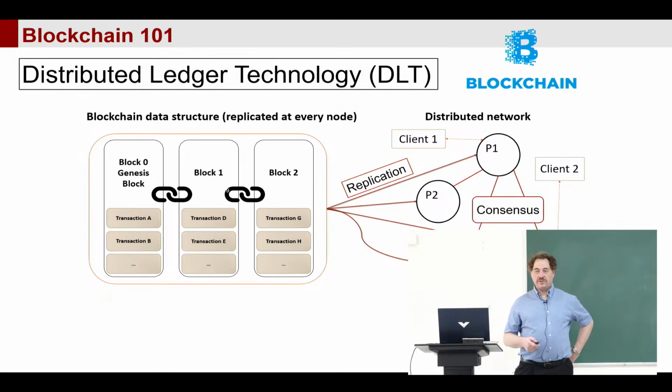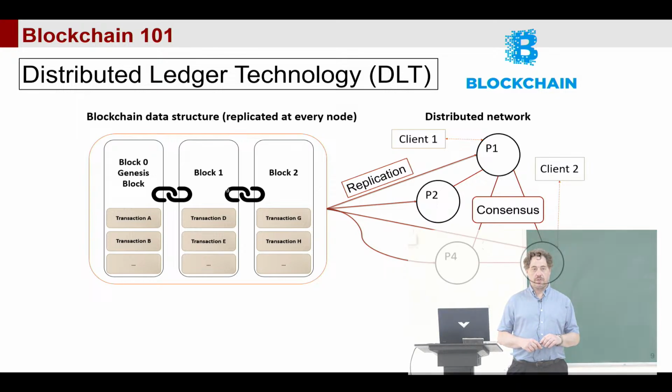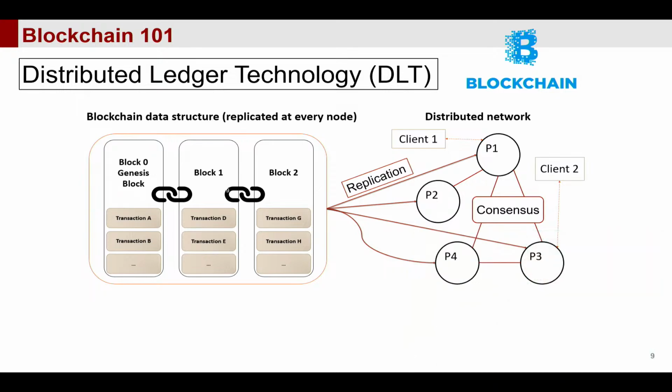And the structure is very secure. What does it mean? You cannot alter any data which is already stored. You cannot delete any data which is already stored. The only operation which is allowed is to add new data in a new block appended at the end of the structure. That's the only allowed operation.